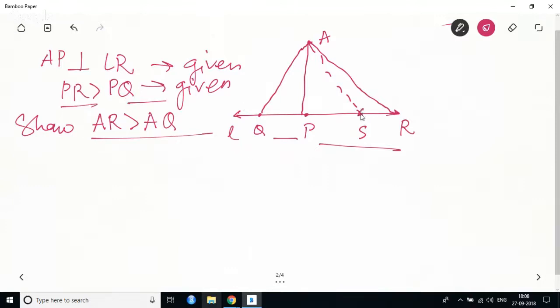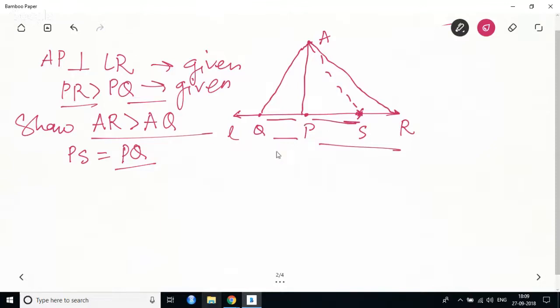Try to understand, in this kind of question, time and again what I am trying to do is, wherever any particular side is greater than the other side, on the greater side I am taking a point and making a portion of that greater side equal to the smaller side. So here I'm drawing this point S such that PS is equal to PQ.